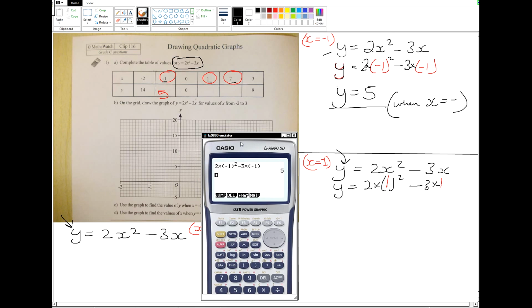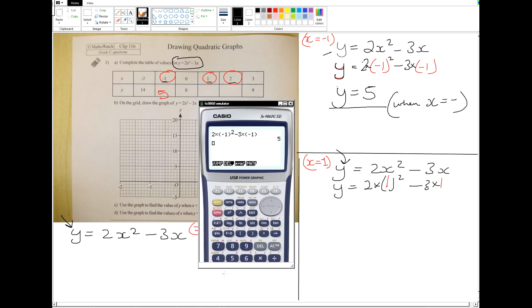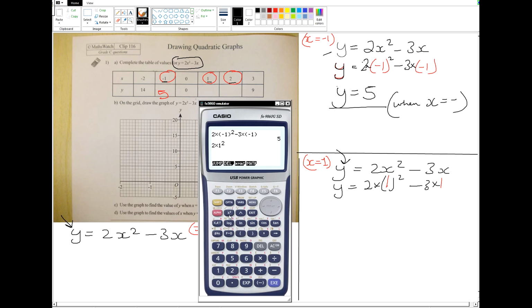So we have, oops, too low, can't see it. 2 times 1 squared, take away 3 times 1. That'll give you an answer of minus 1. Yes.